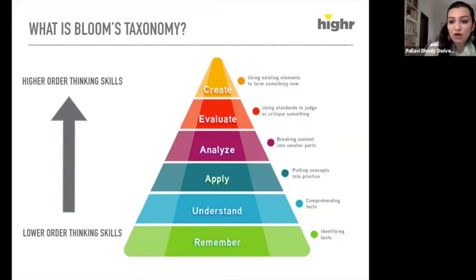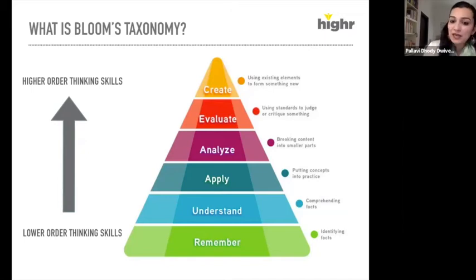So when we start out with building our students' skills, we start out with some of the lower order skills like remembering, moving on to then making them understand something, then getting them to apply something and analyze the content or the concept, after which they would evaluate it, which is where they would justify their stands or provide explanations for their choices.